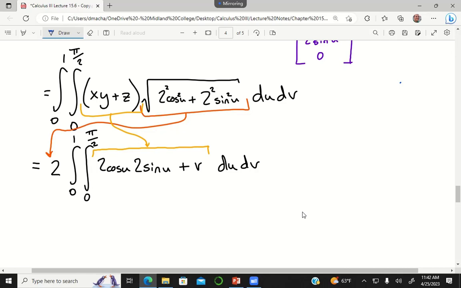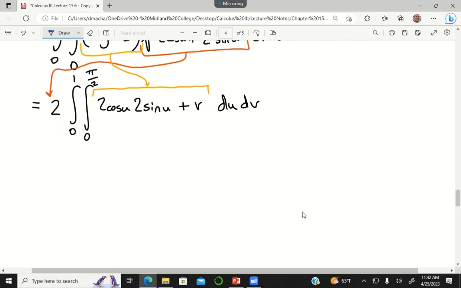I need to go ahead and just break this up into two integrals because it's giving me a headache looking at the plus v part. So let me make it into two integrals, and then I can think more clearly about this. So here's the first one, which is just 4, so I'll make that an 8, cosine u sine u du dv.